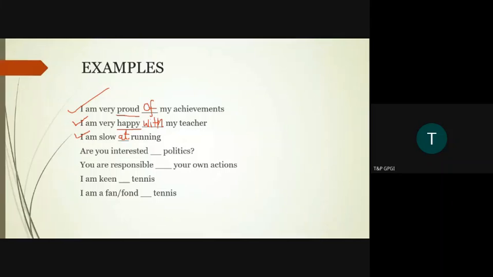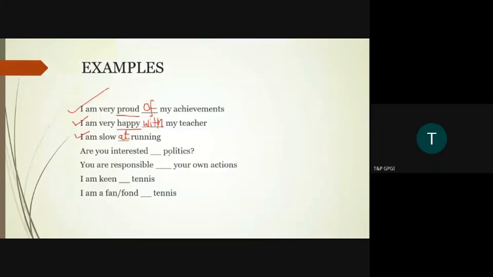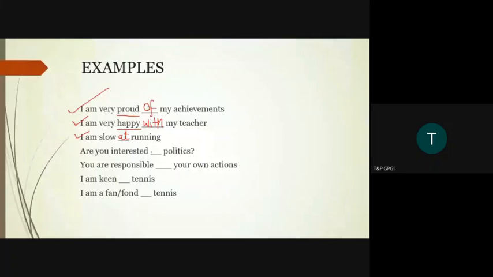All right. Moving on to the fourth example: are you interested dash politics? Are you interested of politics? Are you interested with politics? Are you interested at politics? Can anybody guess the answer?